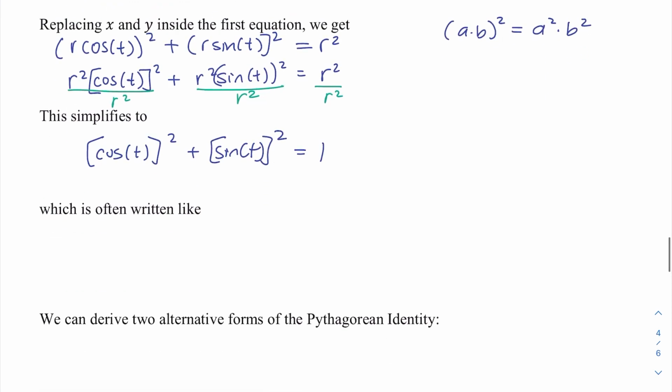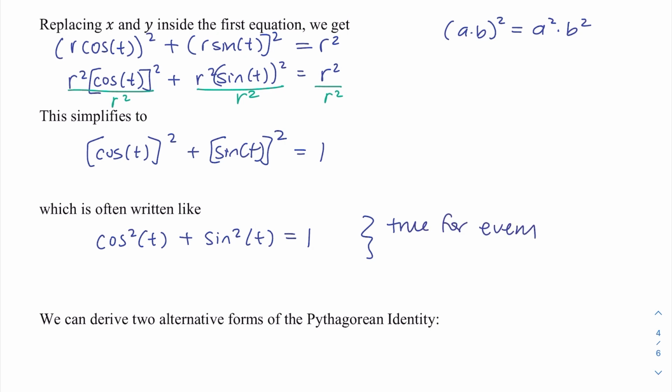And we often see that written as cosine squared t plus sine squared of t equals 1. And we call this an identity. An identity means this is true for every angle t. So we're not trying to solve this equation for what t's make this true. This is true for every angle t. Okay, great. So this is one we want to remember.